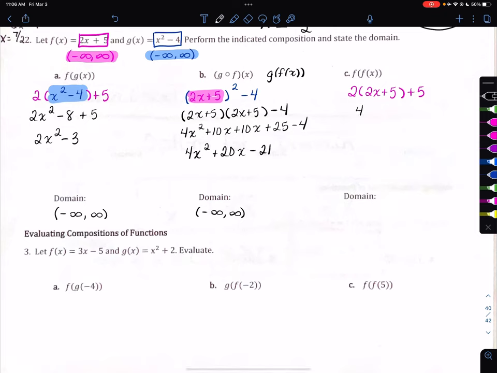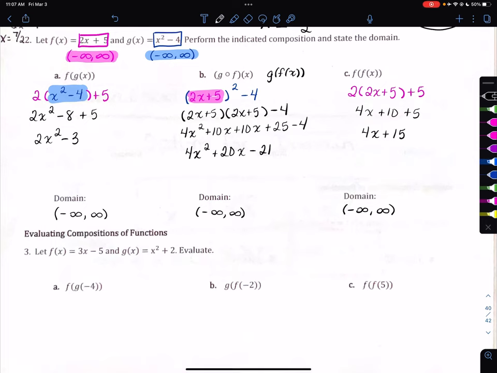So we've got 4x plus 10, and then plus 5. And that gives us 4x plus 15. All right, that's linear. And either way, I was looking at the part that had the x that was inside. So 2x plus 5, our domain is going to be negative infinity to positive infinity.